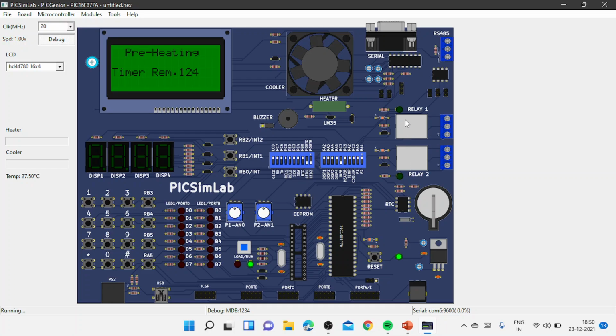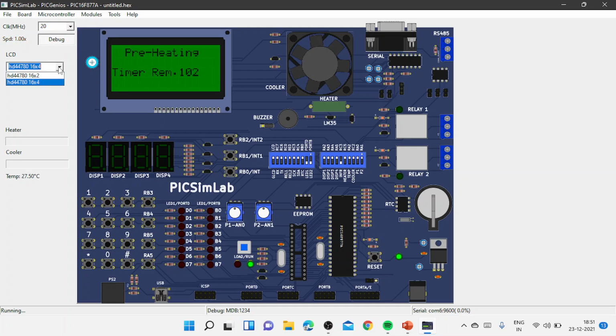These are relays, means we know that a relay is an electrical switch used for on-off purposes. This is the reset key, means whenever we click this key, the project will start from initial, means from the power starting. Coming to this, we have to choose 20 megahertz frequency for the clock for our project.